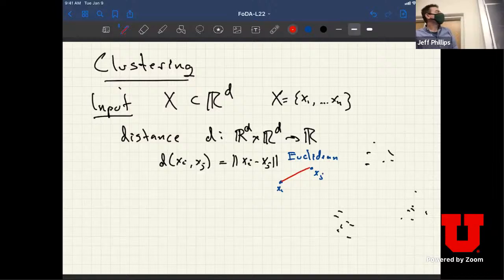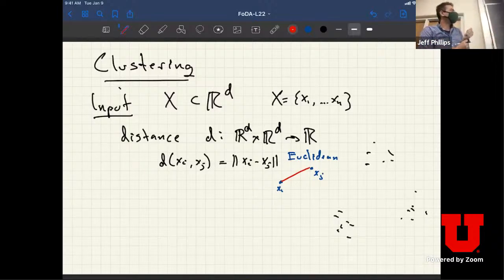In fact, clustering as a formulation is more general. I think of these as points in our d-dimensional vectors, which we're hopefully used to working with at this point, but this could be more general. All I need is a set of data and a distance I can define between those data, where points that are less similar to each other have a larger value, and things that are more similar have a smaller value of the distance.